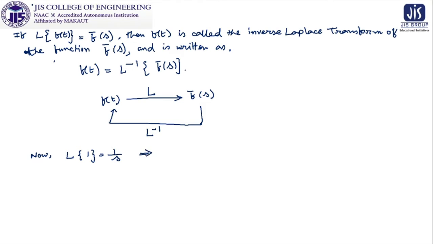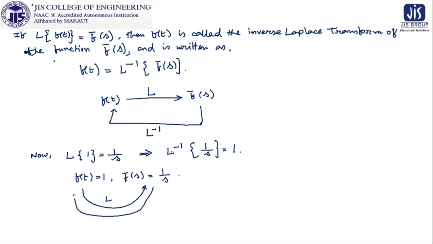So Laplace inverse of 1 by s is equal to 1, because here f(t) is 1 and f bar s is 1 by s. The Laplace transform of f(t) is f bar s, so the Laplace inversion of f bar s will be f(t). That is why we can denote the Laplace inverse of 1 by s is equal to 1.